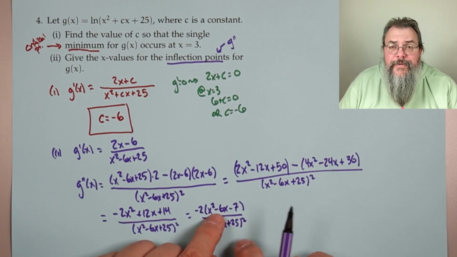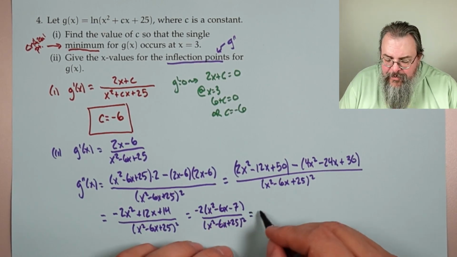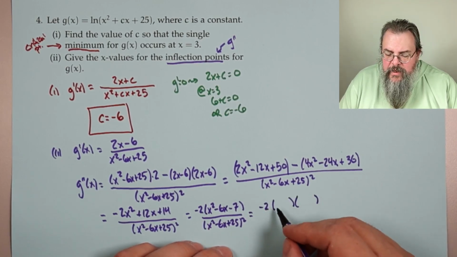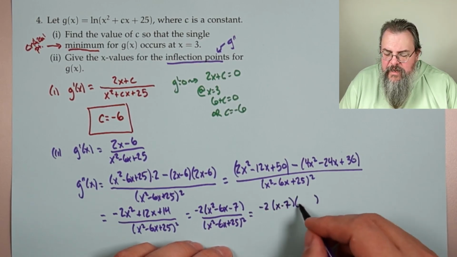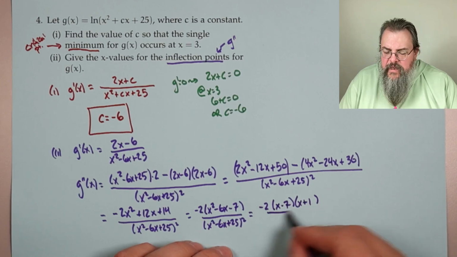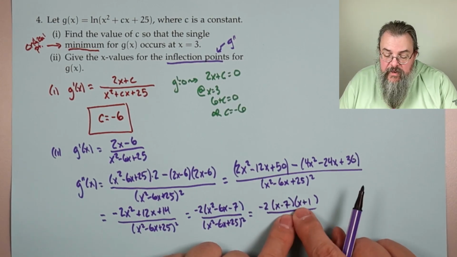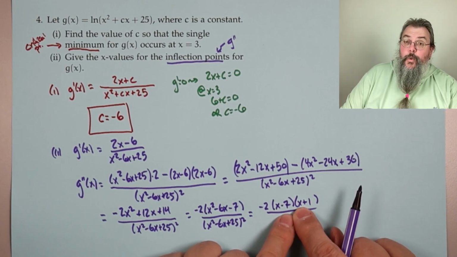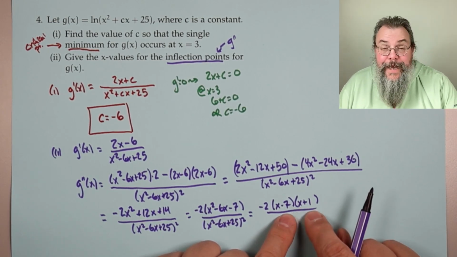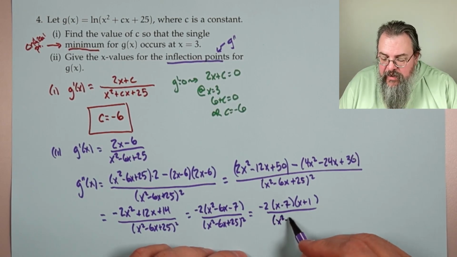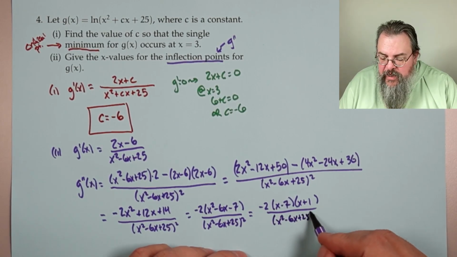I think we can do this. So this would be negative 2 times x minus 7 times x plus 1. Let's check. x squared, good. Plus x minus 7x, negative 6x. Wonderful. And a minus 7. Okay, so downstairs, x squared minus 6x plus 25, squared.